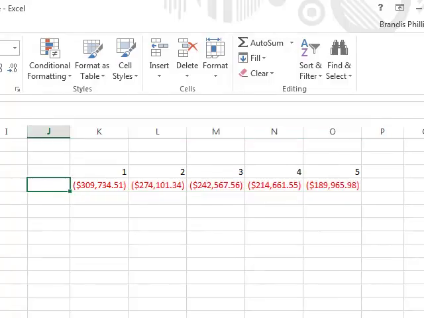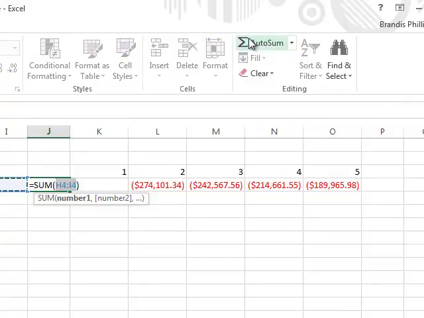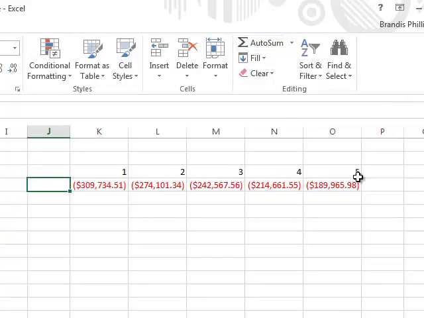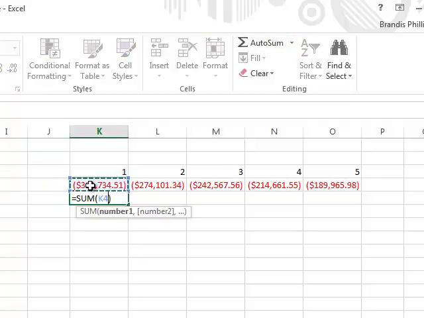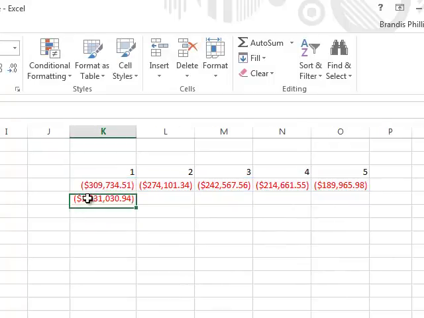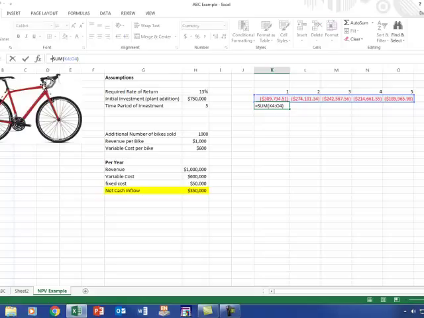Okay, so if we total these up, this is my cash inflow. We're going to make this positive. It's $1,231,000.